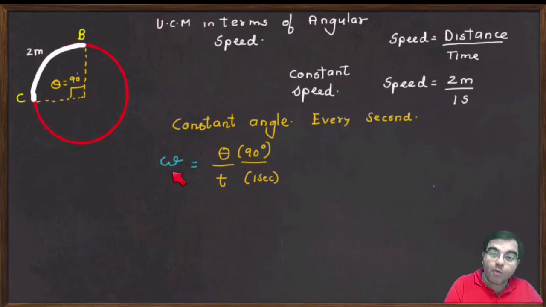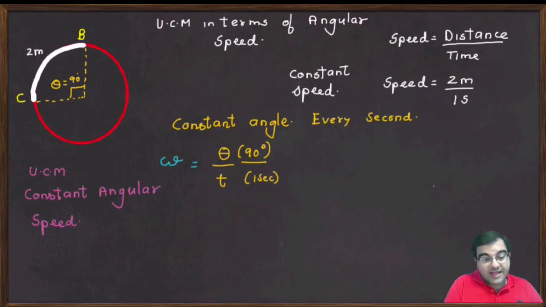Therefore, my omega is equal to theta by t, which is 90 degrees per second, or I could say pi by 2 radians per second, and this omega is constant. Therefore, I say uniform circular motion has constant angular speed. Your uniform circular motion will have constant angular speed.